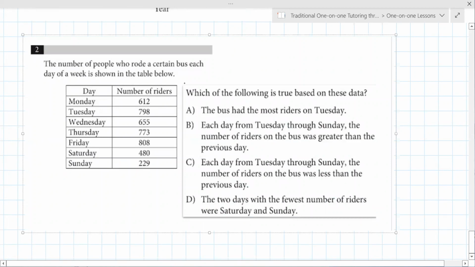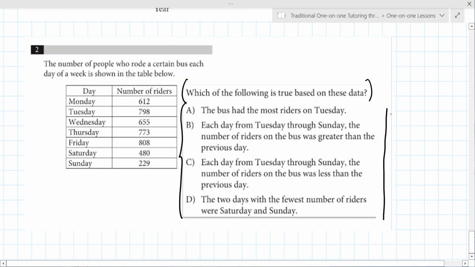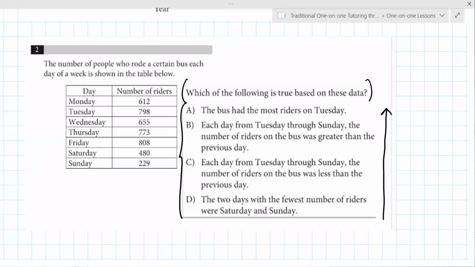Now, this one says which of the following, and that's when you do actually have to look at all of the answers. Okay. But I would recommend starting bottom up. The 2 days with the fewest numbers.